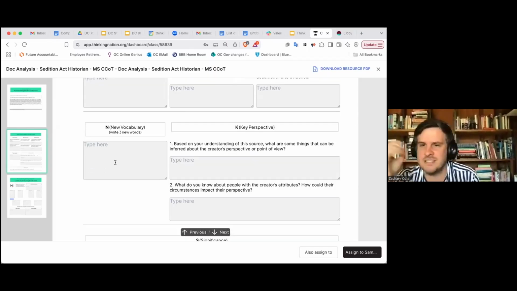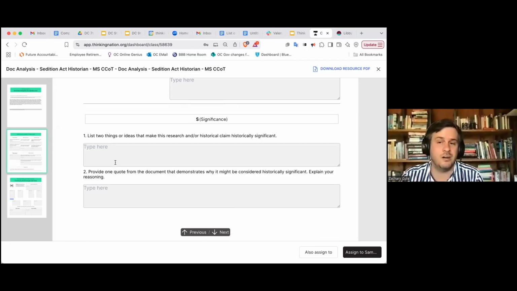Key perspective gets at the skill of historical empathy and trying to look at the author or creator's attributes and how their circumstances might impact their perspective. And then we're really strong on historical significance. In a world where individualism reigns supreme, students often look at the past through the lens of themselves, and that in a way perpetuates a sense of narcissism, that the past only matters if it matters to me.